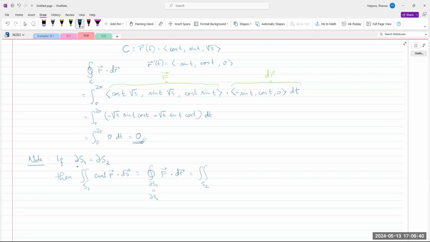Notice that they share the boundary, right? Okay, double integral over surface S2 of curl of vector field F dot dS.